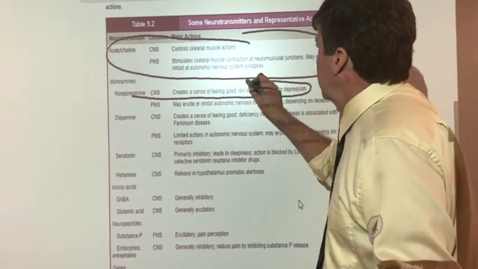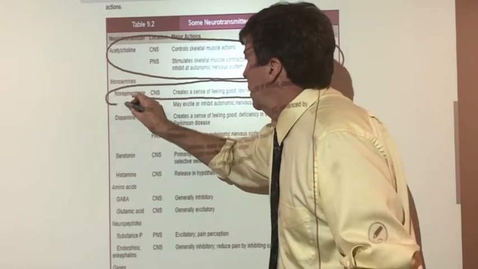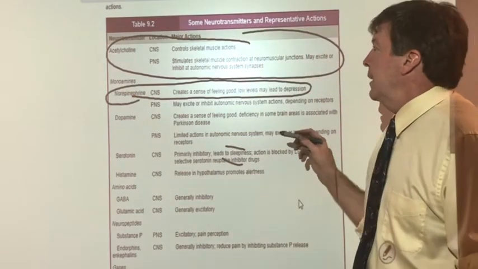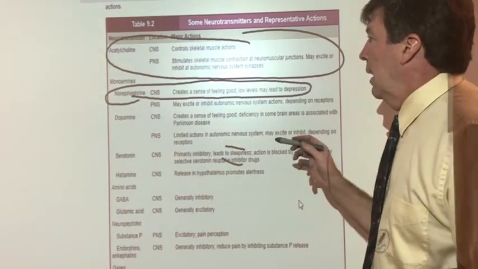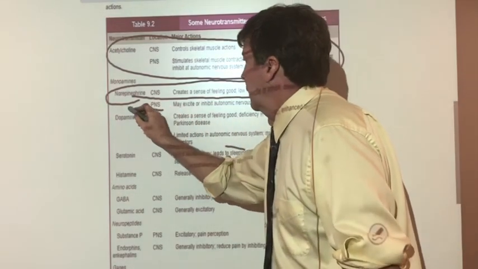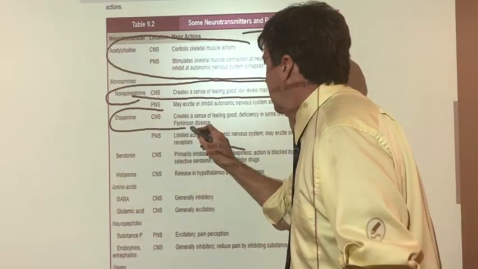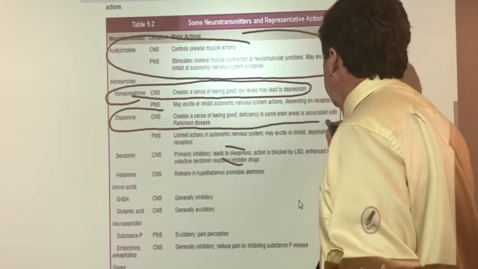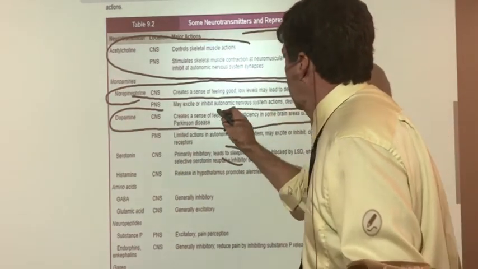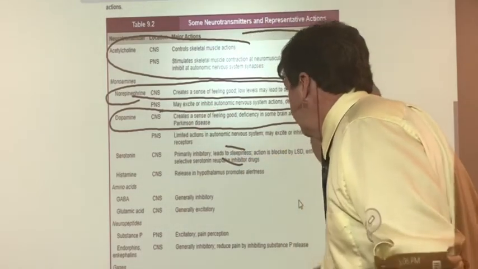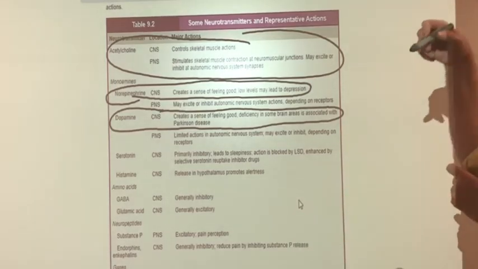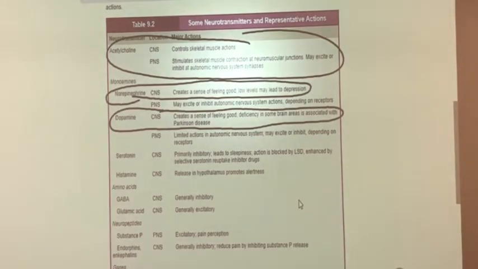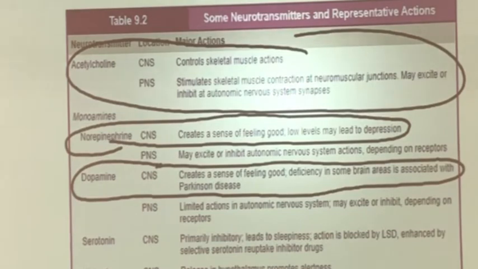So in the central nervous system, a sense of feeling good. Low levels may lead to depression. Dopamine. Get this one as well. I'll give you a moment or two to write those down. Make sure you indicate central nervous system or peripheral nervous system.